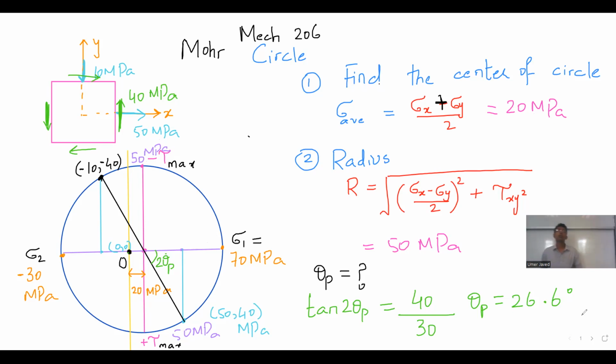Okay, so I will give you a homework assignment and you will play with this Mohr circle. Again, you can find the radius of the Mohr circle, right? And 20, the average stress, plus the radius of the Mohr circle will give you the maximum principal stress. And the average stress, where is it? This 20, right?